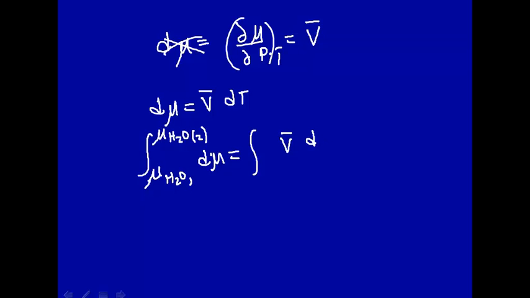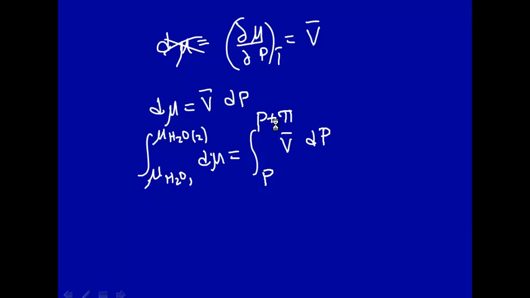Oh, sorry, what did I do? This should be pressure, so apologies there. So d mu over dP, dP goes over there. Okay, dP. So this will be from the pressure on the left-hand side to the pressure plus the osmotic pressure on the right-hand side.